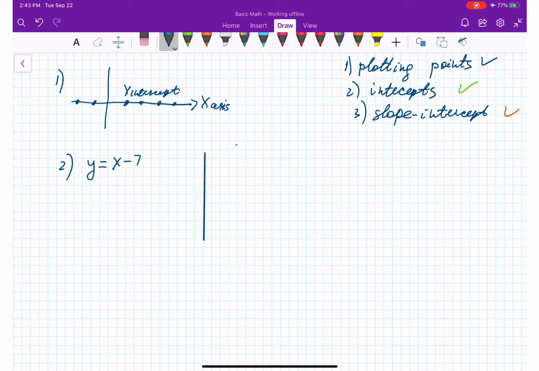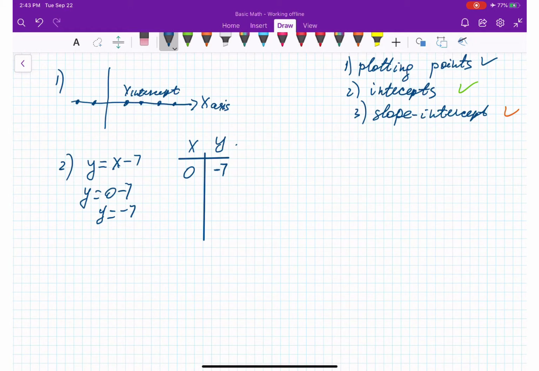So this is x, this is our y. X is given 0. So if x is 0, based on this equation, how much will be our y? Let me write down y is equal 0 minus 7. So that means y is equal negative 7, right? So when x is equal 0, for this equation, y is going to be negative 7. This is one pair.